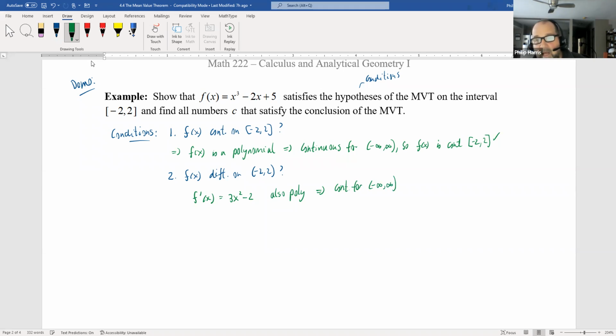Hence, this implies that f prime is certainly differentiable on the interval from -2 to 2. So this is well defined. It is continuous. So this means the derivative exists. So yes, this function, the conditions of the mean value theorem are satisfied.